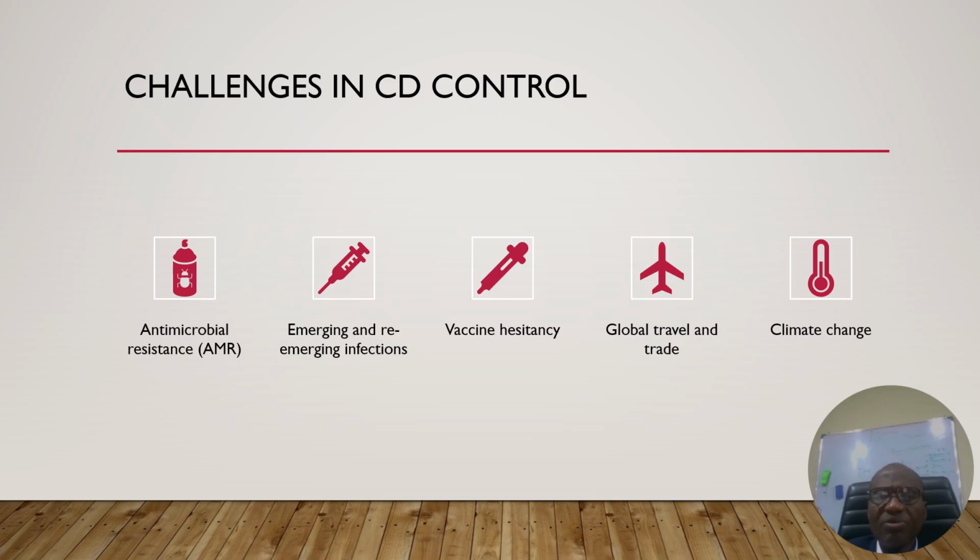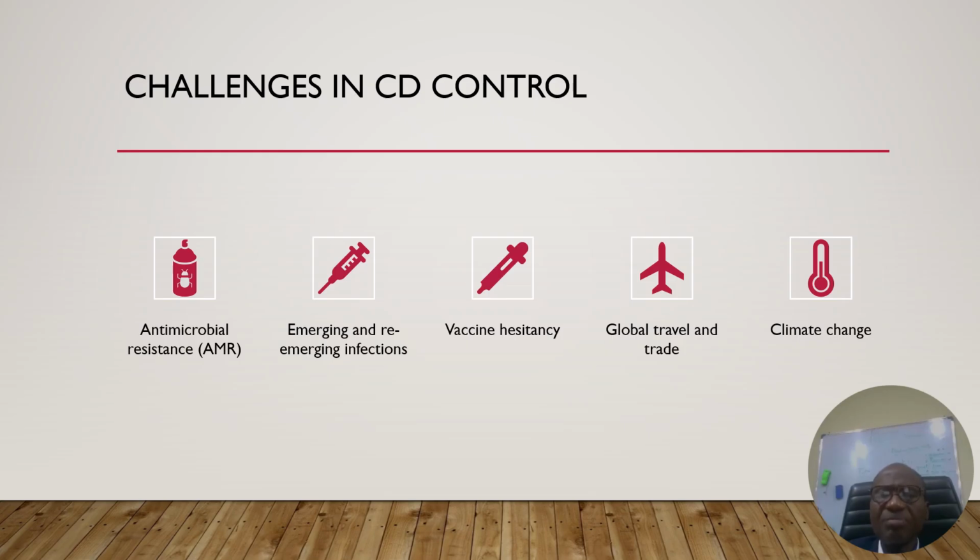Increased global travel and commercial activities. People have to cross borders either by flight or roads or even walking across the border. It's a challenge. Most of the borders are porous, okay, in our own setting, Africa. People can easily move from, for example, Nigeria to Ghana, passing through the border, sometimes without being checked.